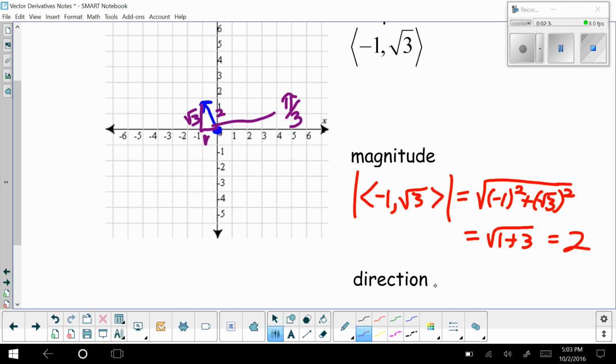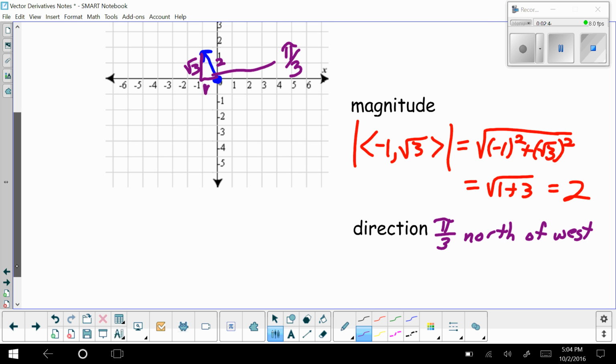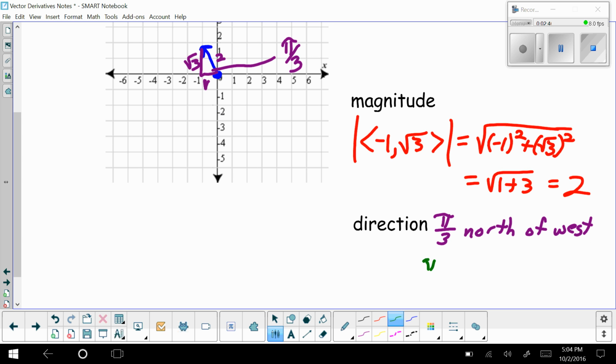So we could say that this is pi over 3 radians north of west. Or we could say that it is pi over 6 radians west of north.